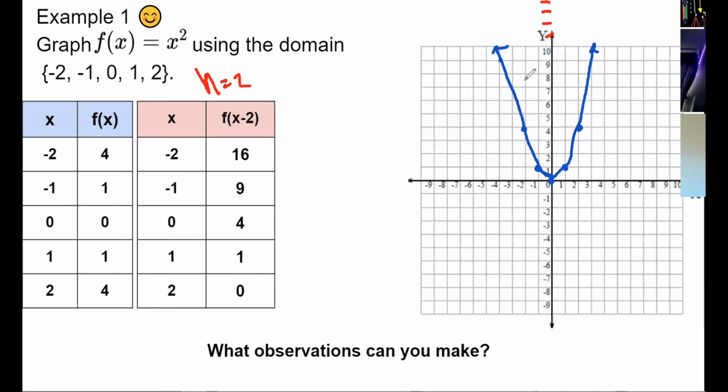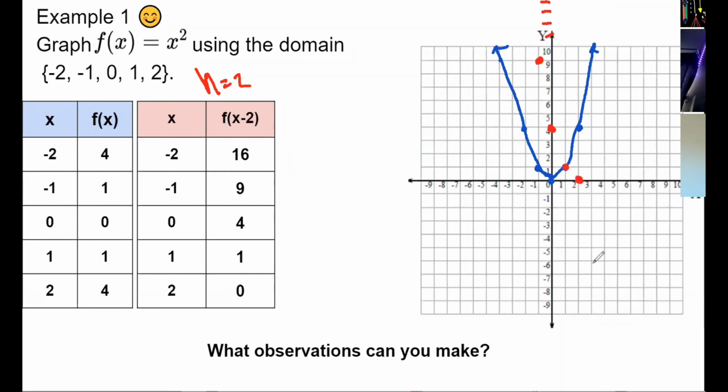Next, I have at -1, 9. At 0, I have 4. At 1, I have 1. And at 2, I have 0.